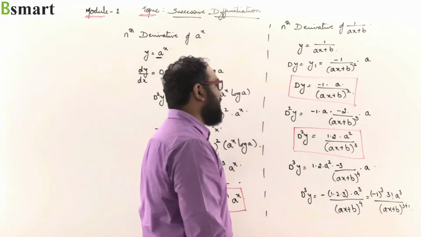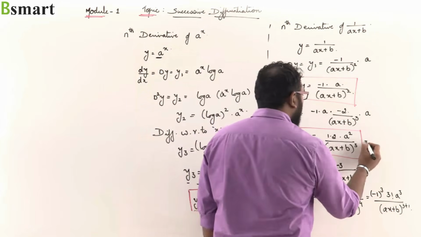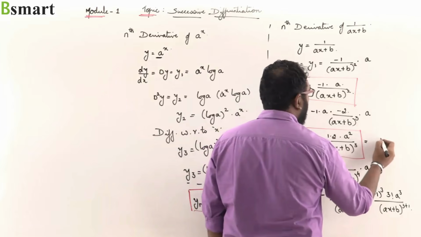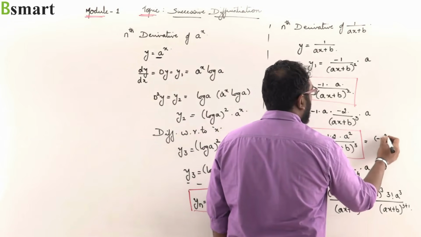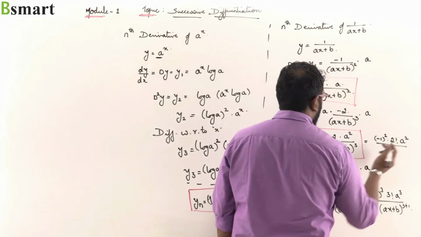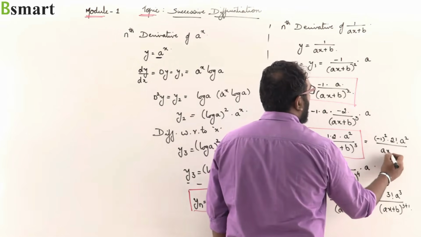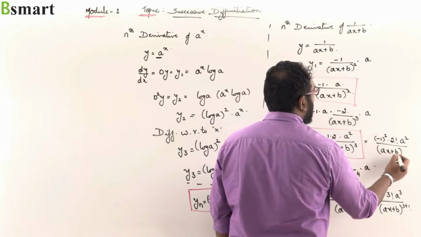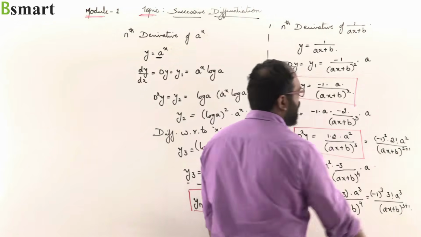Again, d square y can be written as 1 into 2, that is minus 1 to the power 2 into 2 factorial into a square by ax plus b whole cube, which can be written as ax plus b to the power 2 plus 1.